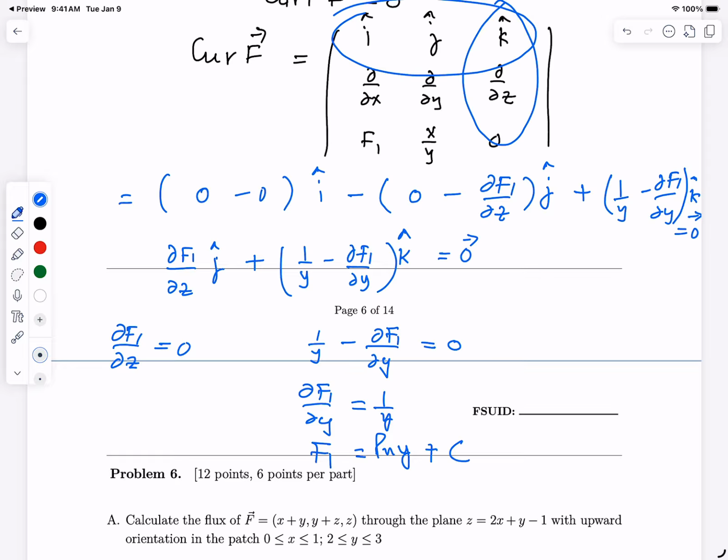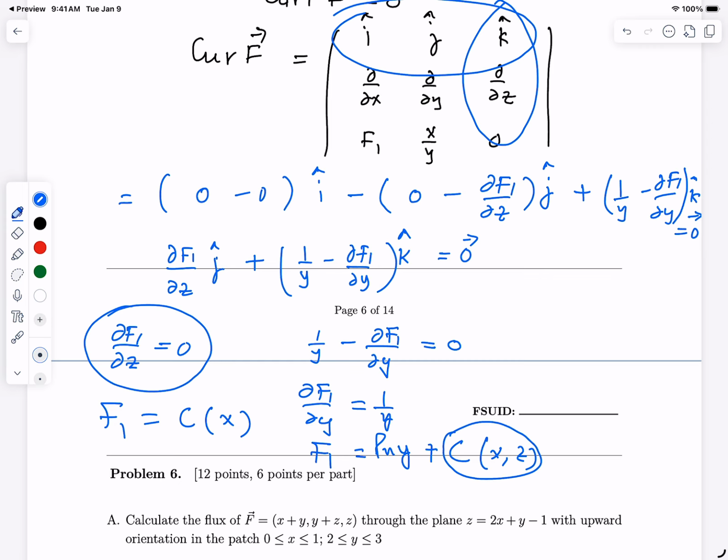Now that constant can be a function of x, or of y, or only a function of x or z, for example, for now. And this says that whatever that f1 is, if you differentiate it with respect to z, it is 0. So f1 is basically a function of x only, not z. So this constant should explicitly be a function of x, but if you are not interested in any of these things, then f1 is natural log of y plus c. That's it.